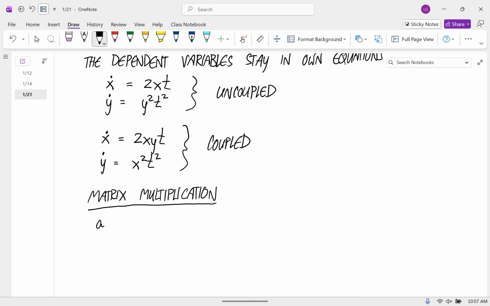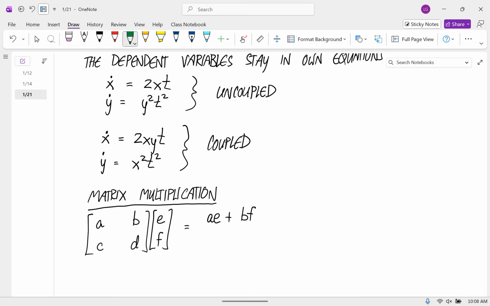If you have the matrix A, B, C, D, and you're multiplying it by the vector E, F, you're going to get a vector as output, and the first element of the vector is going to be the dot product of this and this. So your first component of the vector will be AE plus BF.